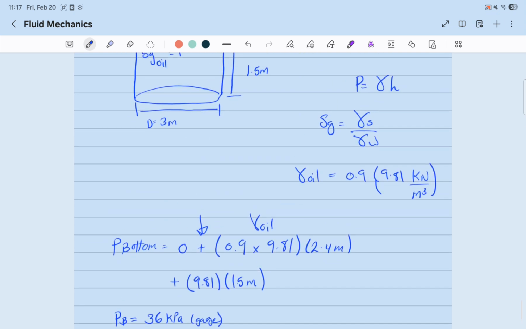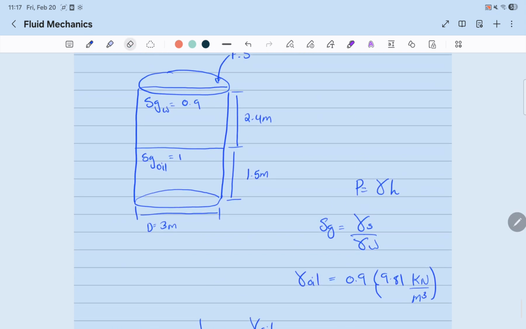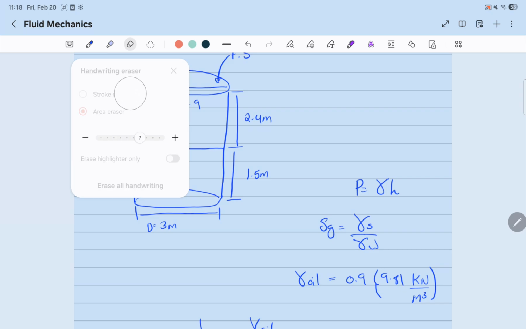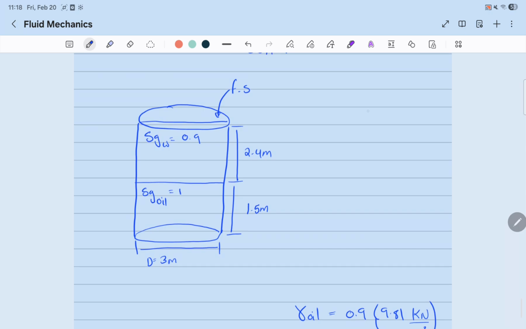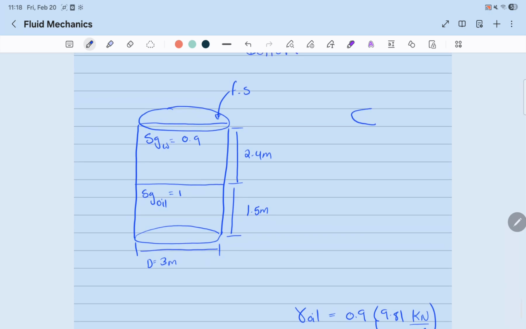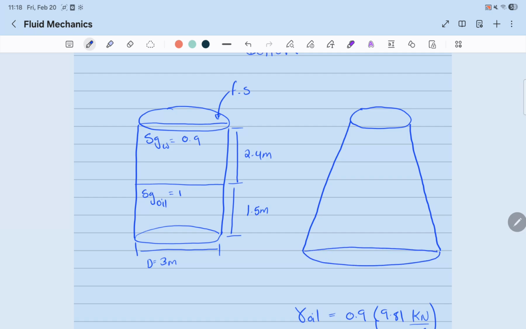Now, what if the same problem is given, but the geometry is different? So, for example, if we were given a cone, I want to get the specs right here. This diameter might be a little bit bigger than the other one, but it was meant to be 3 meters, the same as this one.